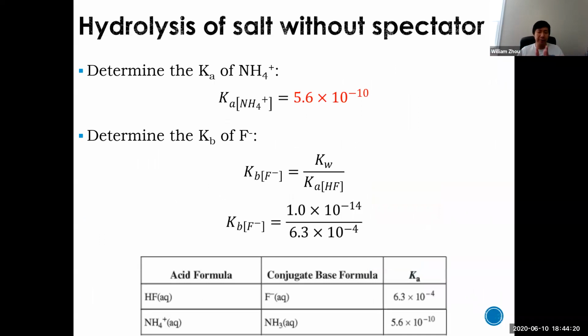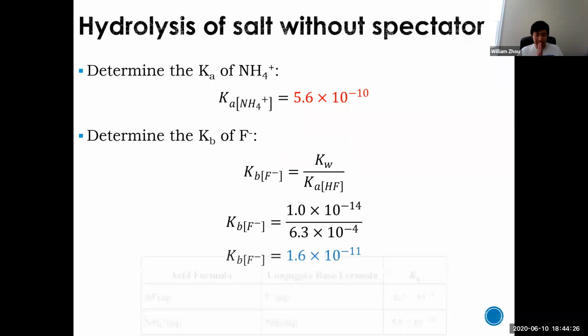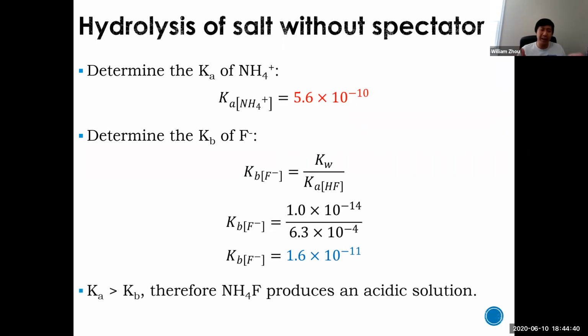You divide that from Kw, you would get the Kb of F, and if you put that in the calculator, you get 1.6 times 10 to the negative 11. Let's compare. Ka is 10 to the negative 10, and Kb is 10 to the negative 11, and because Ka is bigger, NH4F will produce an acidic solution.